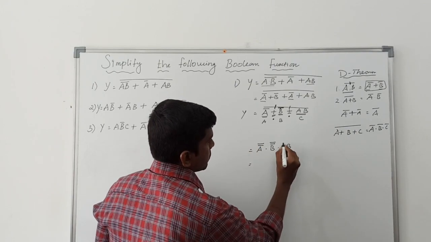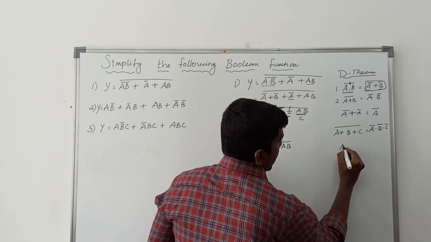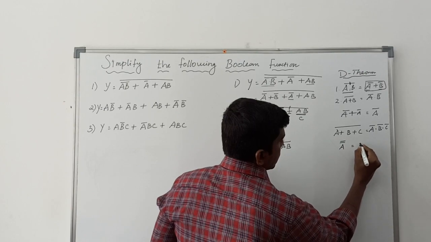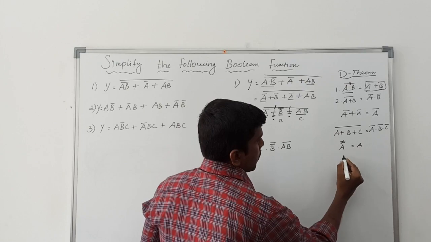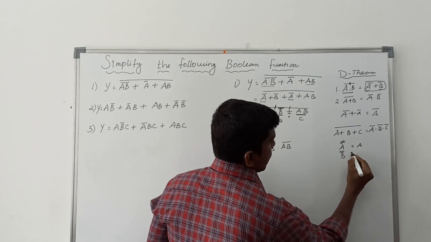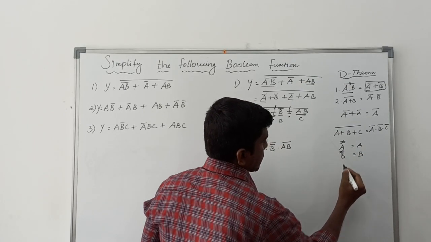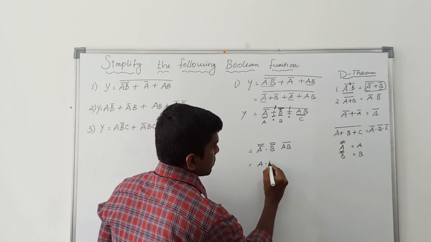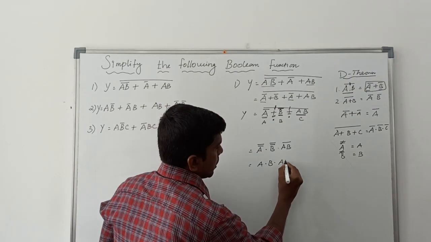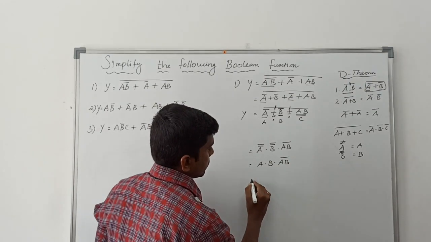Then A double bar equal to A, which is the double negation law, so just cancel this bar. Then B double bar equal to B. Cancel the double bars, so A dot B dot (AB) the whole bar.